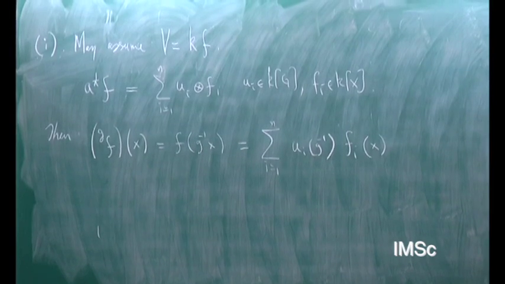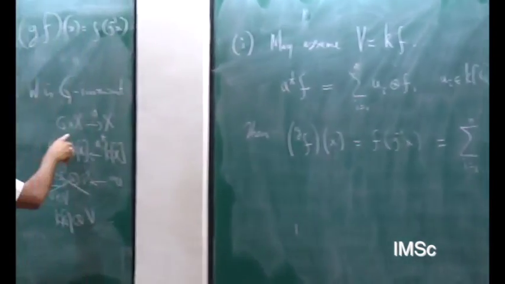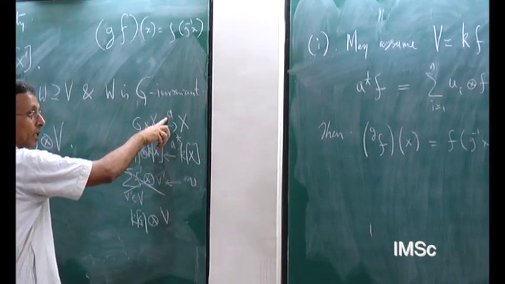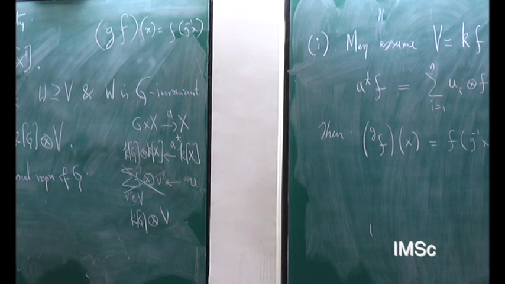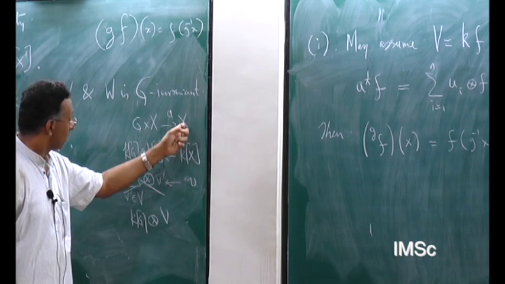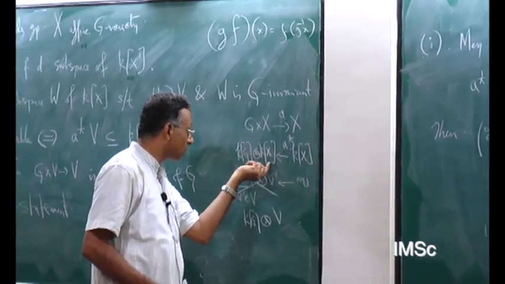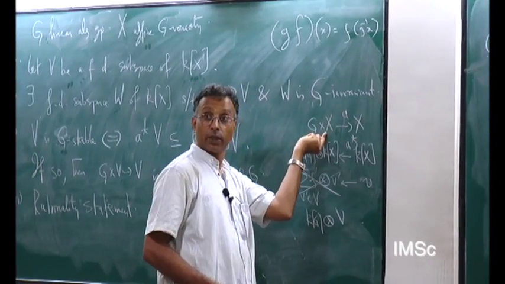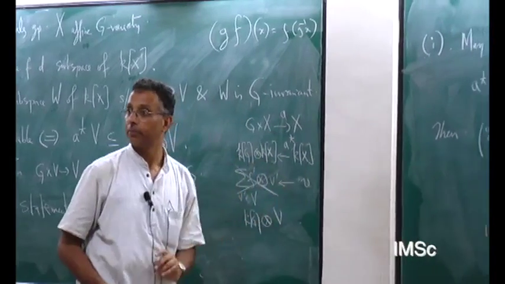What does it mean here? A star is the pullback under A, and that's what we are using here. So I take the pair G inverse, x, and that goes to G inverse x. How is a tensor a function on this? You evaluate one factor on one component and the other on the other, and then multiply.